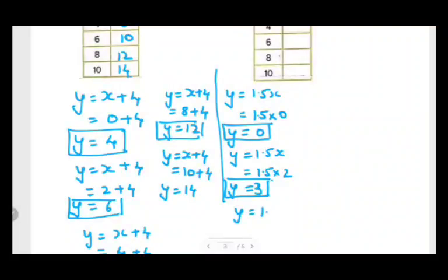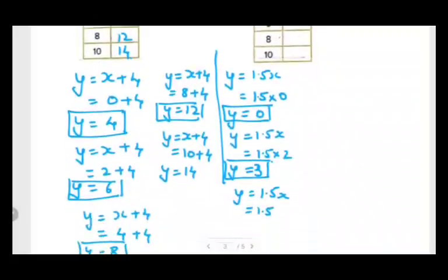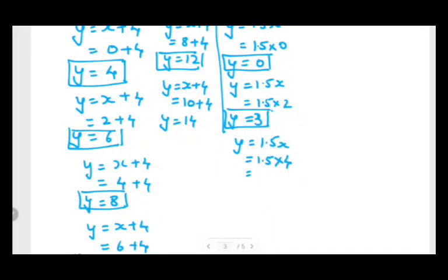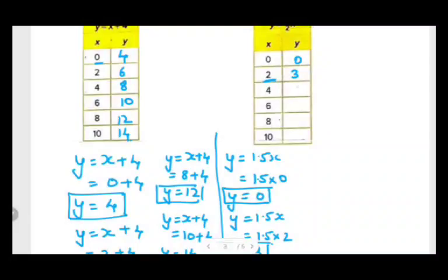Y is equal to 1.5x, where I have to take x as 4. So 4 5s are 20, 4 1s are 4, so it's going to be 6. Y is going to be 6.